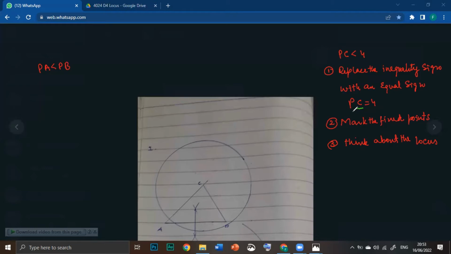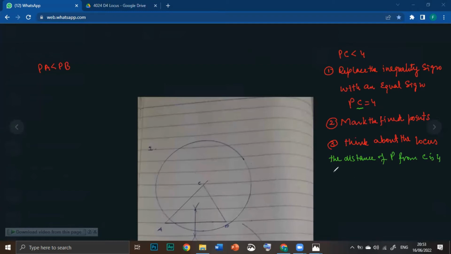The distance of P from C is equal to 4. So what should be the locus for this statement? Sir, a circle of radius 4. Yes, center C. It is already drawn.